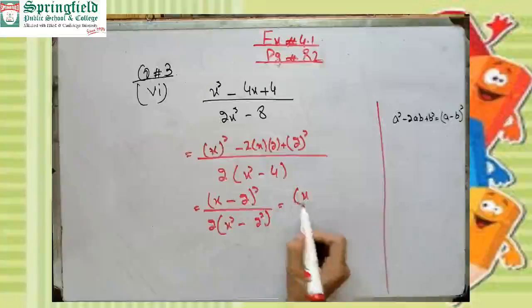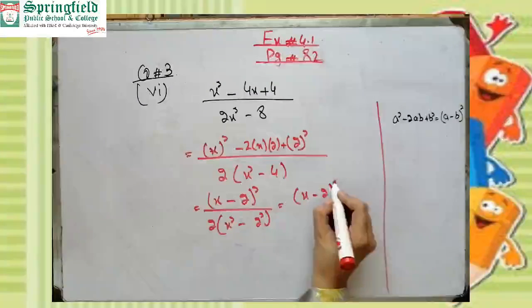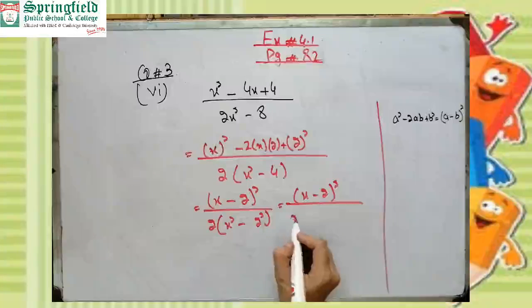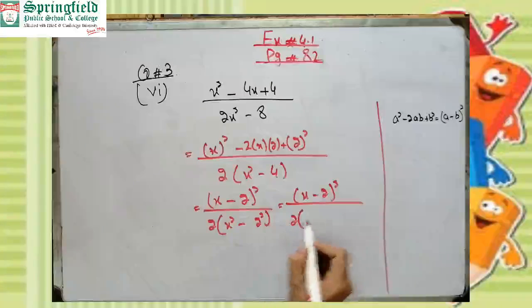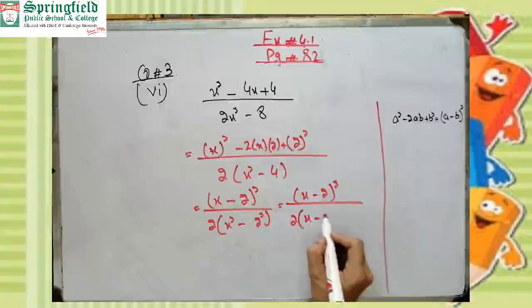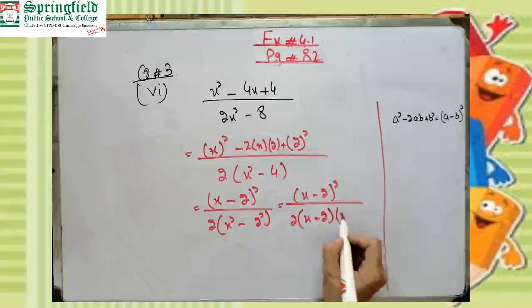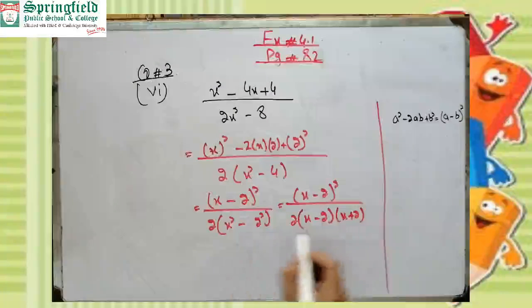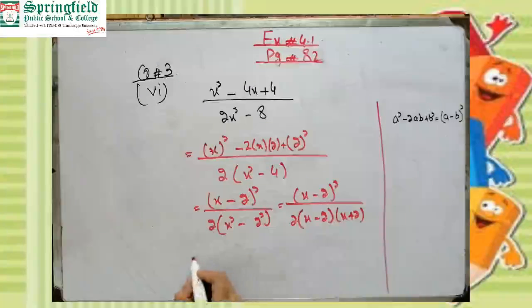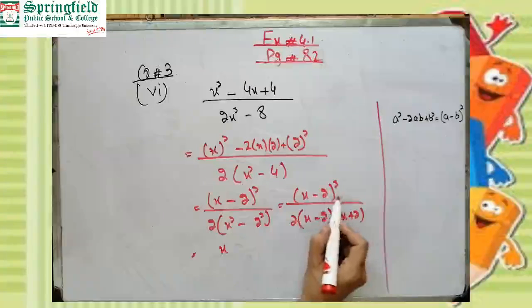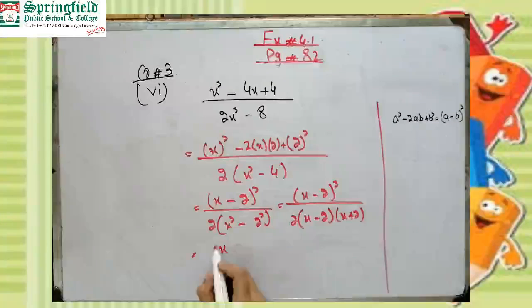So x minus 2 whole square divided by 2, a square minus b square, x minus 2, x plus 2, a plus b, a minus b. So x minus 2 whole square means x minus 2 is written 2 times.